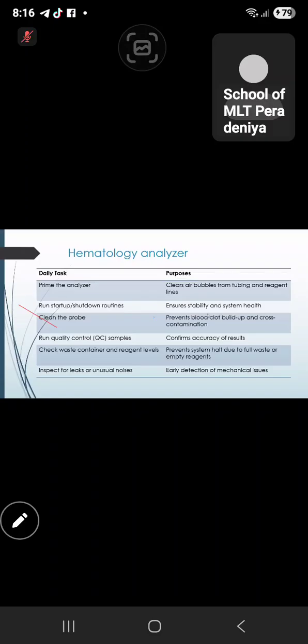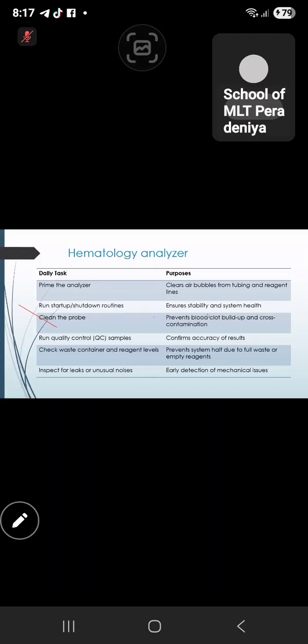Right, so there are a few things I just put down, which we discussed. These are daily tasks, and these things happen automatically. Prime the analyzer: when you start the machine, it automatically does it.